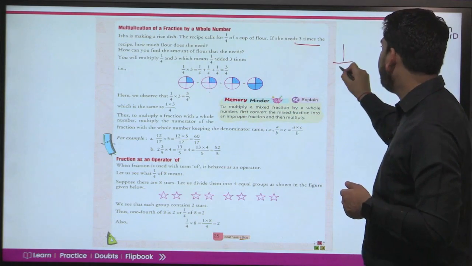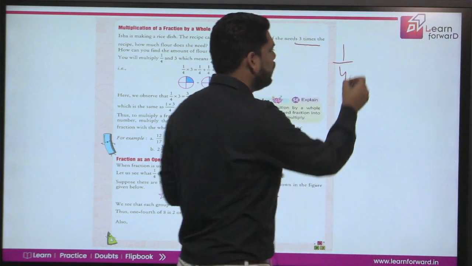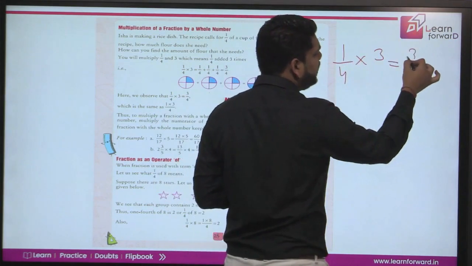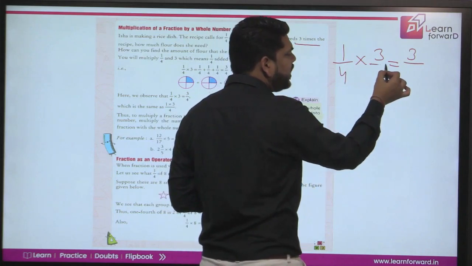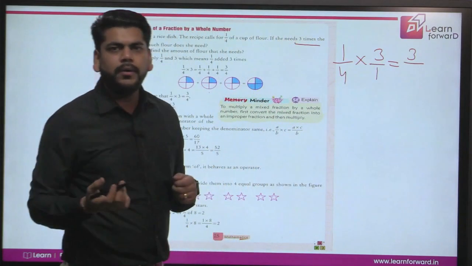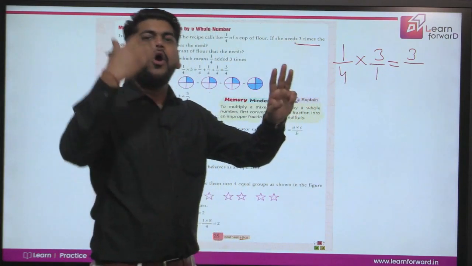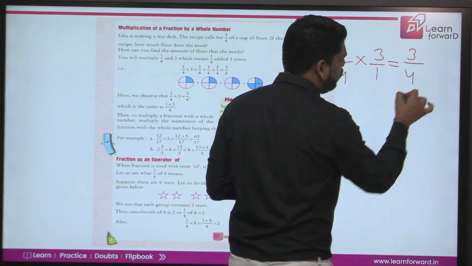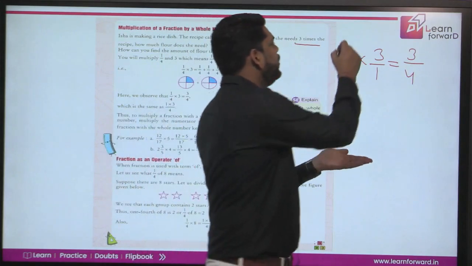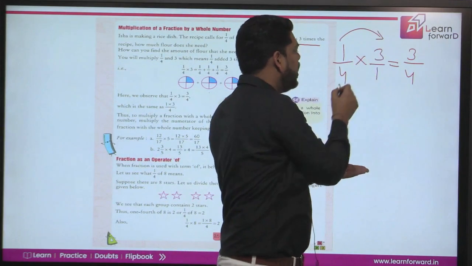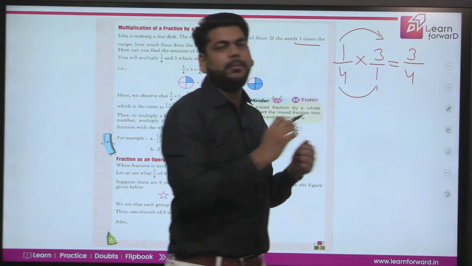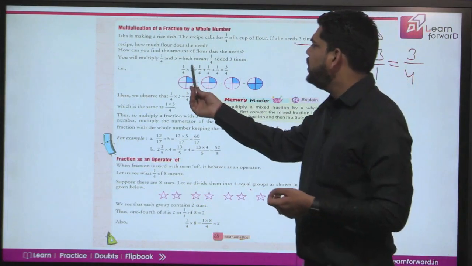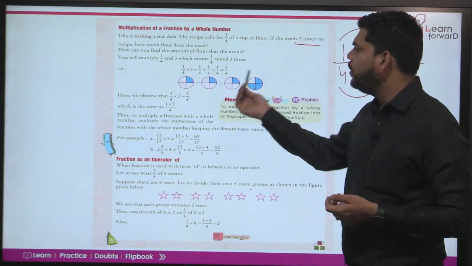So 1/4 multiplied with 3 comes out to be 3 ones are 3, and since there is nothing in the denominator, we can write down 1, because if we say 3 or 3/1, it's the same thing, right? 4 ones are 4. We always multiply numerator with numerator and denominator with denominator. Fine. So here also the answer is 3 ones are 3 and 4 ones are 4.